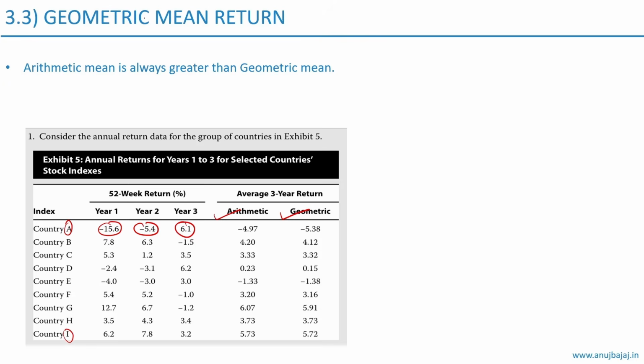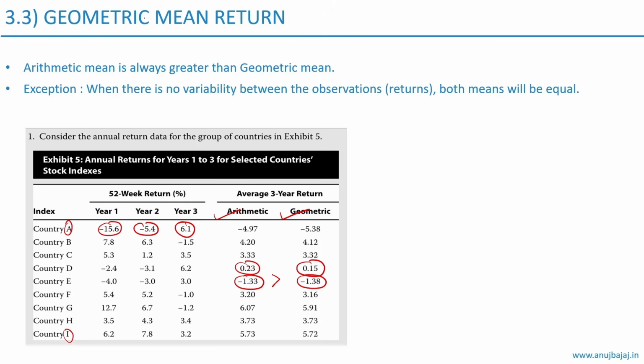If we see, arithmetic mean return is always greater than the geometric mean return, 0.23 greater than 0.15, negative 1.33 is greater than negative 1.38. The absolute number is greater, but because it is negative, negative 1.33 is greater than negative 1.38. And so is the case in the remaining scenarios.